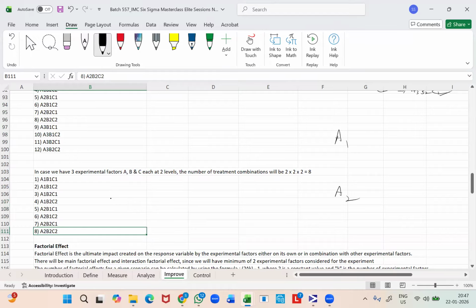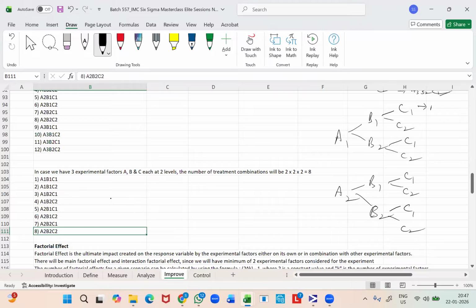Since we have all three experimental factors, each at two levels, I will have A1 and A2 in two different halves. And then from A1, we will have B1, B2, from A2, B1, B2, right? So from B1, C1, C2, from B2, C1, C2, here again, C1, C2, C1, C2.